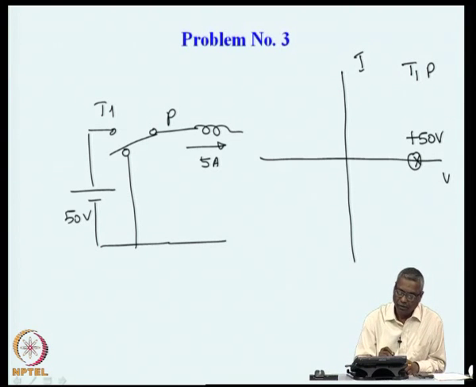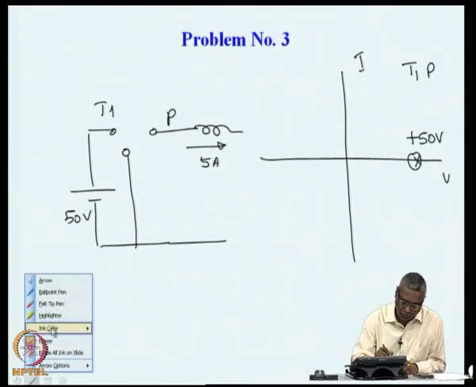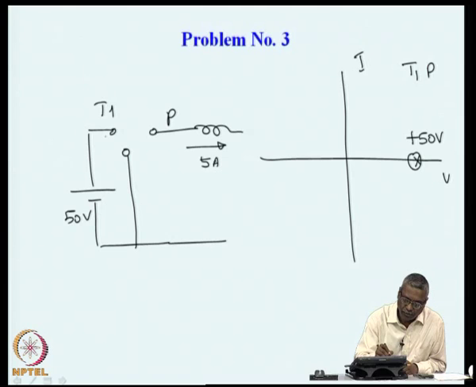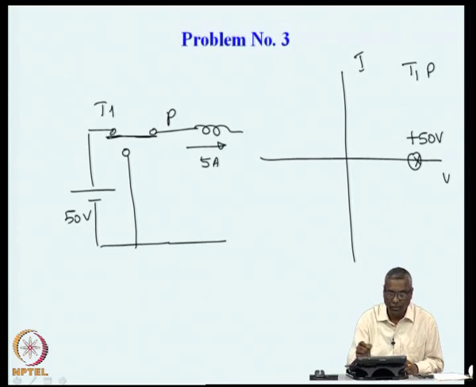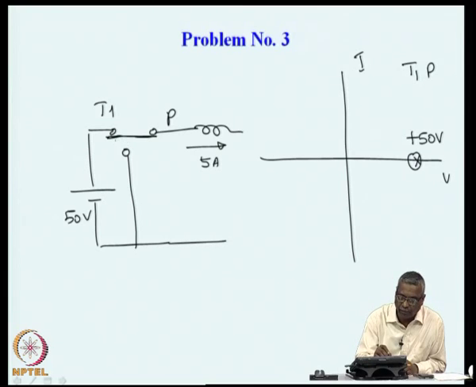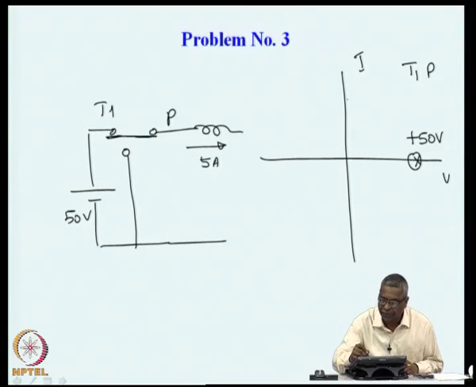Now, when the switch is connected to this end, PT1 is closed, and the current flowing through T1P is plus 5 amperes, which is here, plus 5 amperes.